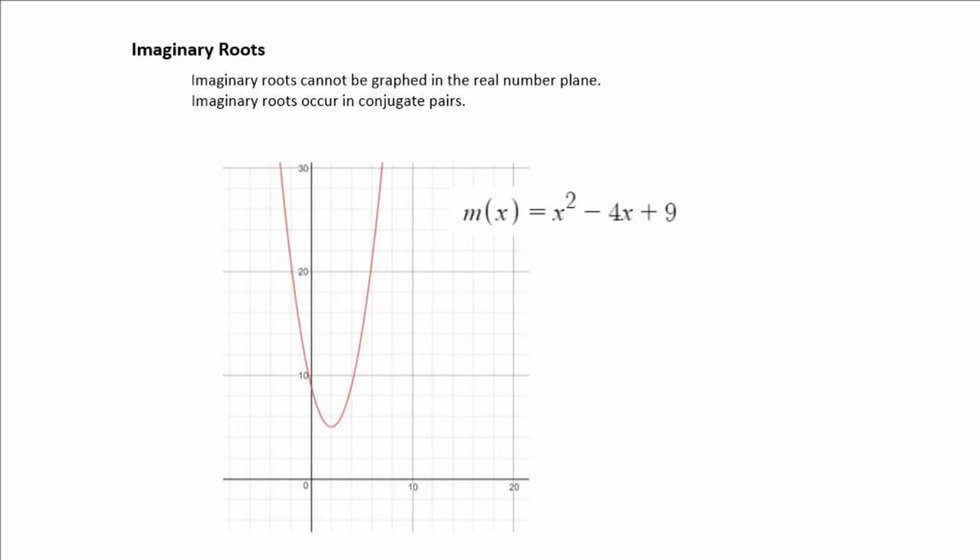What we mean by they come in pairs is actually they come in conjugate pairs. So as an example, if 3 plus 2i is a root, then 3 minus 2i is also a root. Or if 5 plus 6i is a root, then 5 minus 6i is also a root. This is a conjugate pair, and this is a conjugate pair. So imaginary roots have to occur in conjugate pairs.